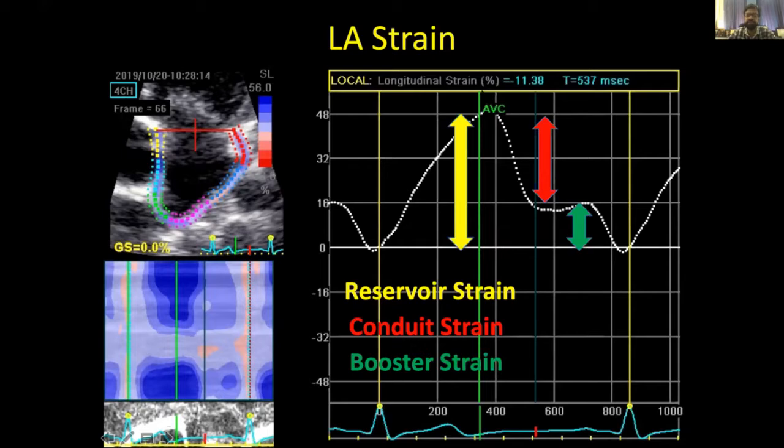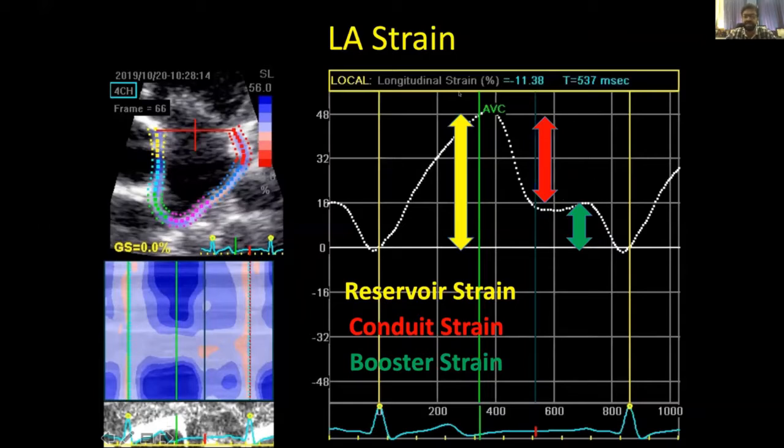So these are the three waveforms which are seen, and the maximum research has now gone into looking at the reservoir strain, which is also called the PALS, peak atrial longitudinal strain. And the booster strain is called the peak ACS, peak atrial contraction strain.